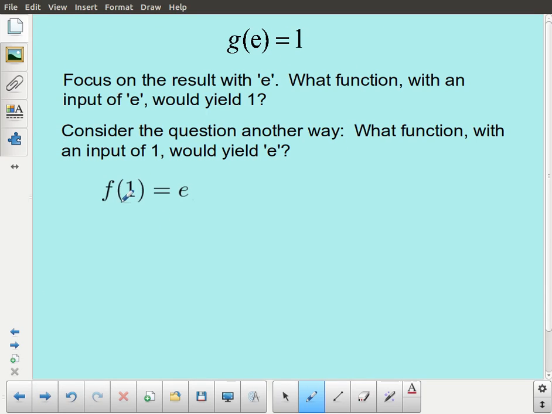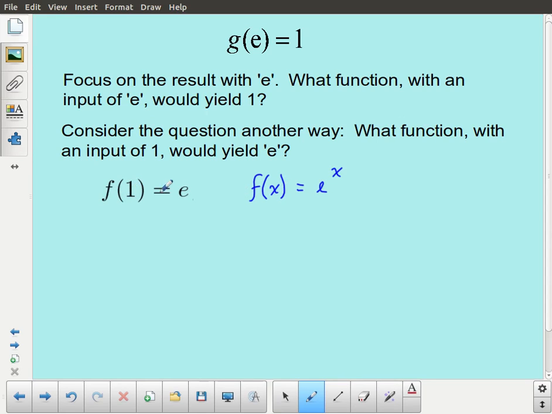So let's just isolate that idea, focusing on e. What I'm asking is, what function is there that when I give it a value of 1, I get the value of e? Well, one possibility could be f of x equals e to the x. That seems to make sense.